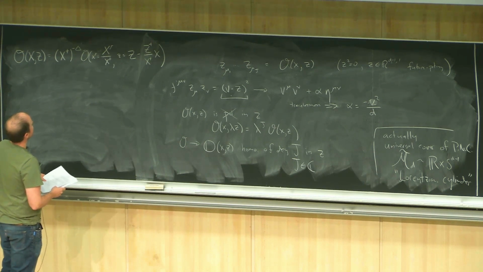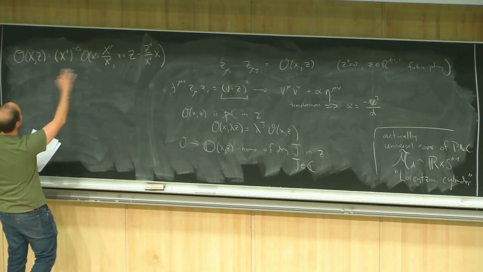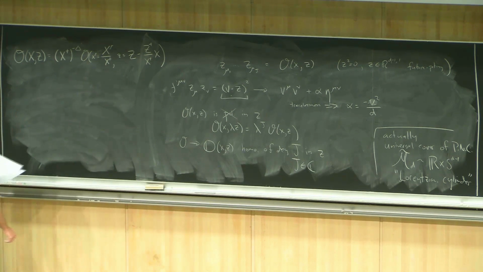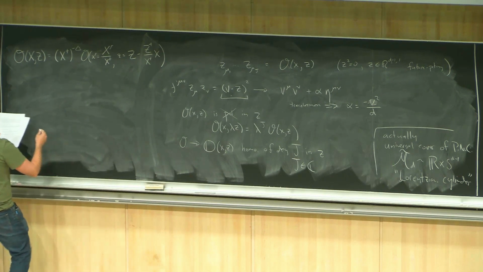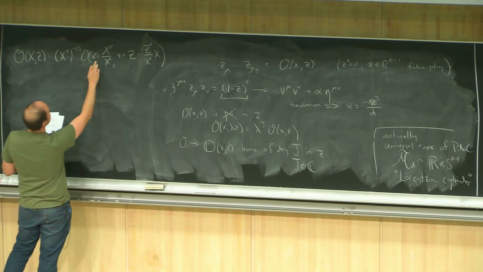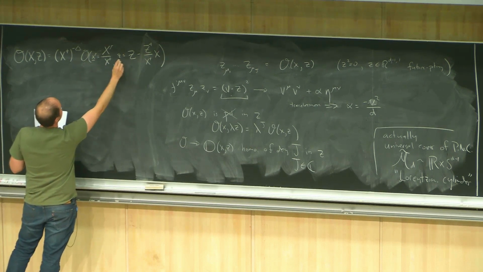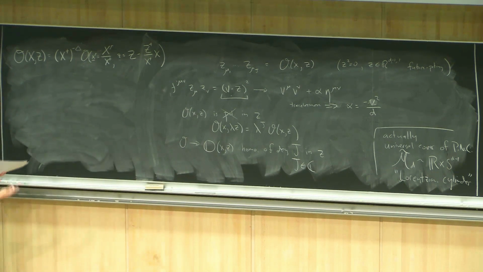So the reason for defining something in this really, really funny way is that it turns out if you use this definition, then if you start with an operator in Minkowski space, so a function of little x and little z that transforms like a conformal primary, then this thing transforms in an extremely simple way.